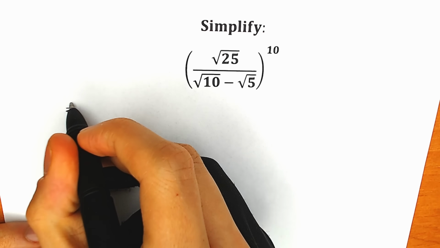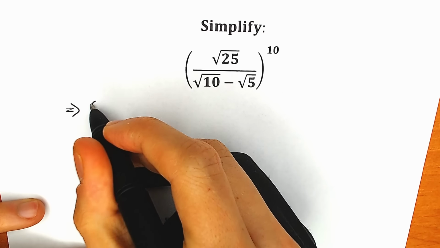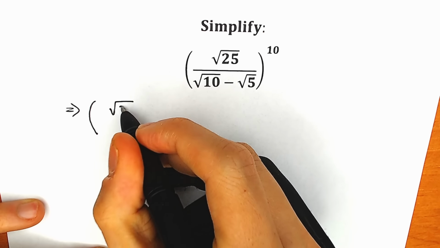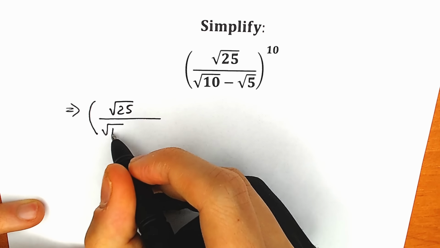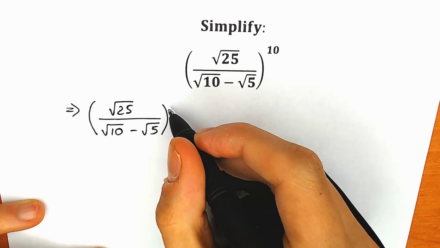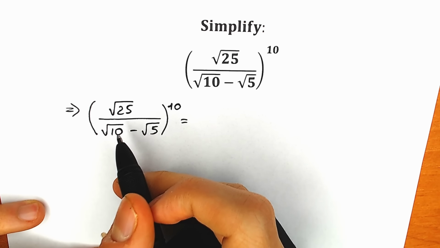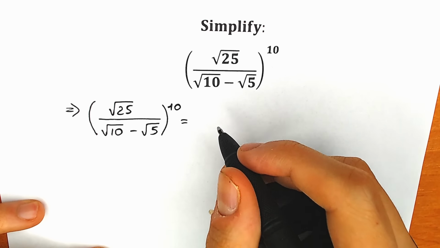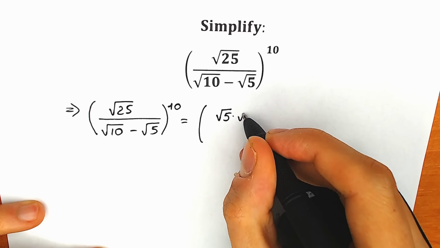First of all, let's rewrite our expression and simplify this expression in parentheses. So we have square root of 25 in our numerator. We divide it by square root of 10 minus square root of 5, and we raise this to the power 10. Right now, square root of 25, of course, equals 5, but in our question, let's write it as square root of 5 times square root of 5.